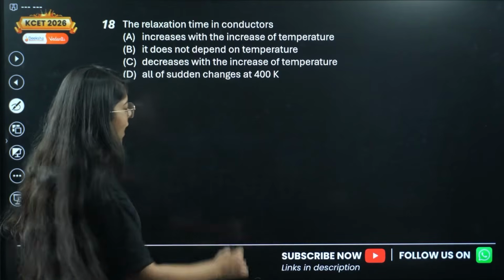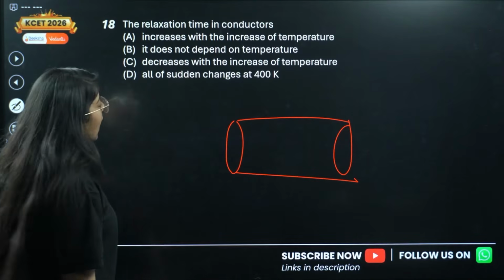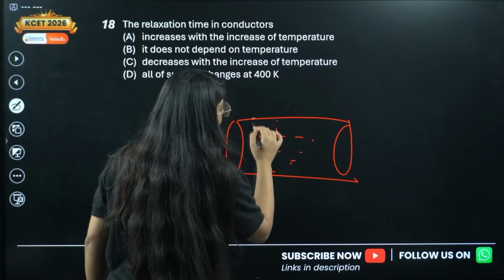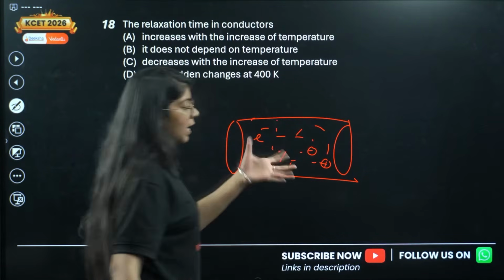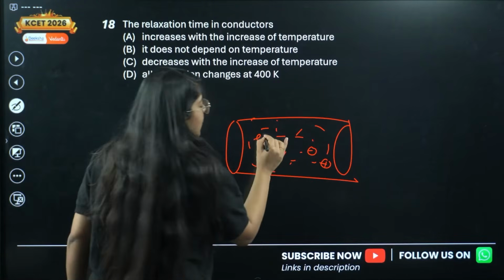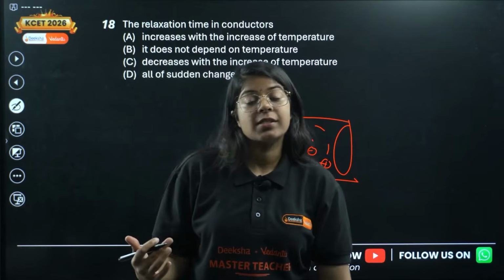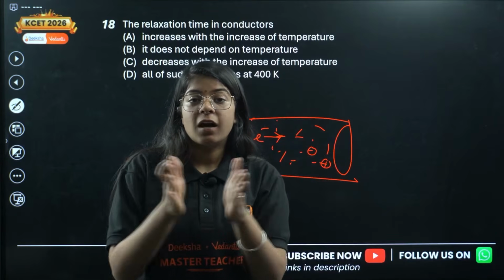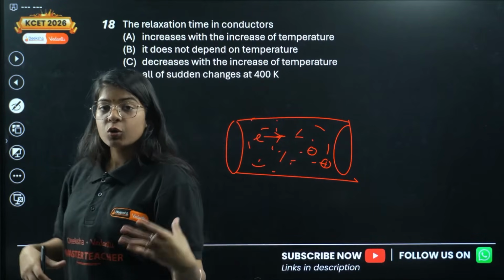So, what usually happens is, if this is my conductor, and there are electrons moving inside the conductor, there are lots of electrons and ions, metal ions, cations. These electrons move and they collide with other electrons or ions. Now, relaxation time is the difference in time between the two collisions.